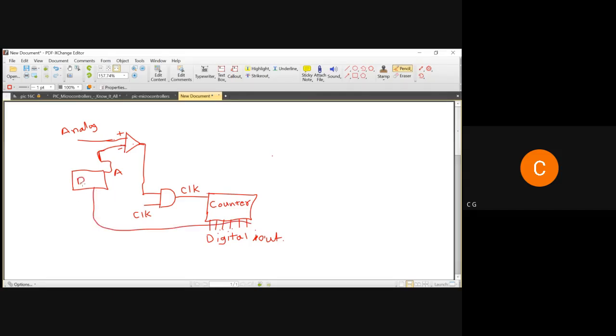This is a digital signal, and this is from the clock pulse, so it has a predefined frequency. This is the digital to analog signal, and you see the complicated operation.